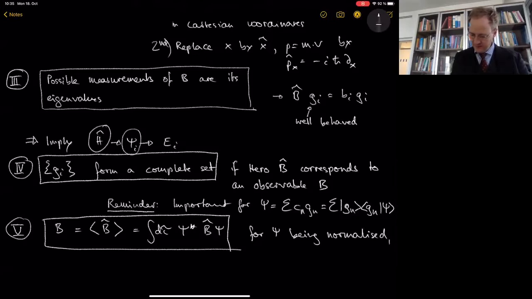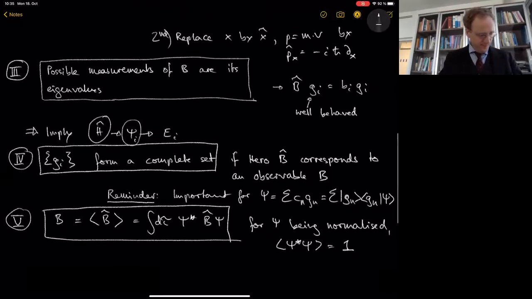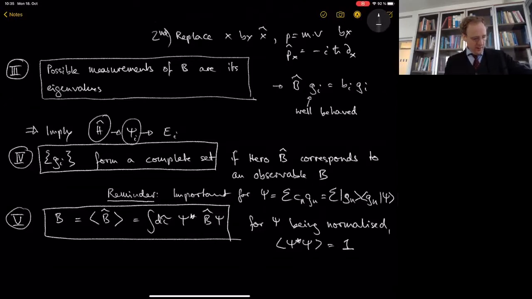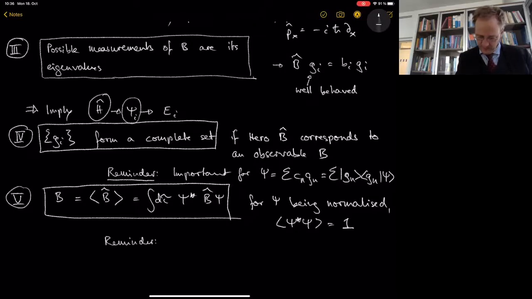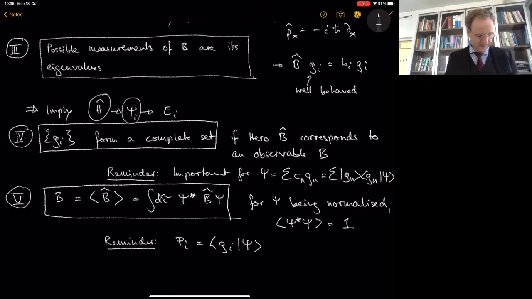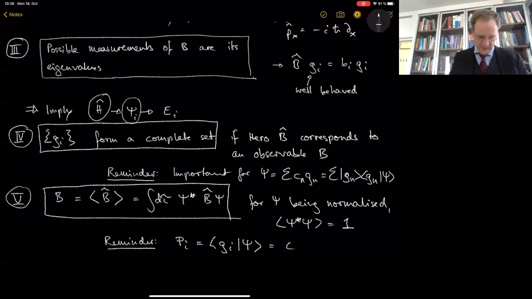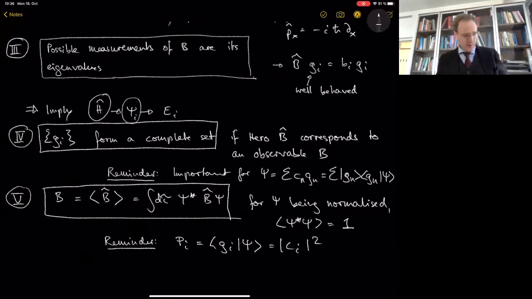Now, normalized means... so if psi, so here again a reminder, the probability for some state now is this c_i psi, which we discussed is the coefficient squared.